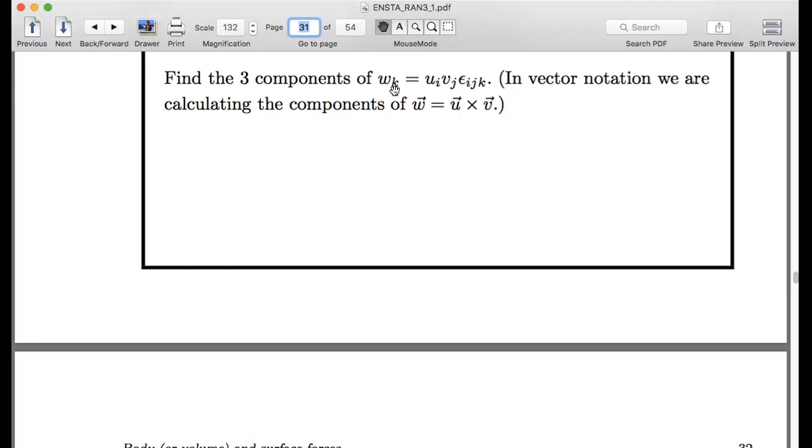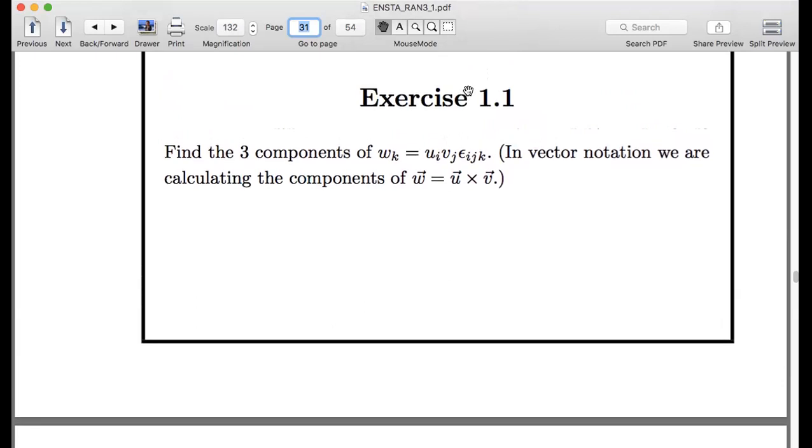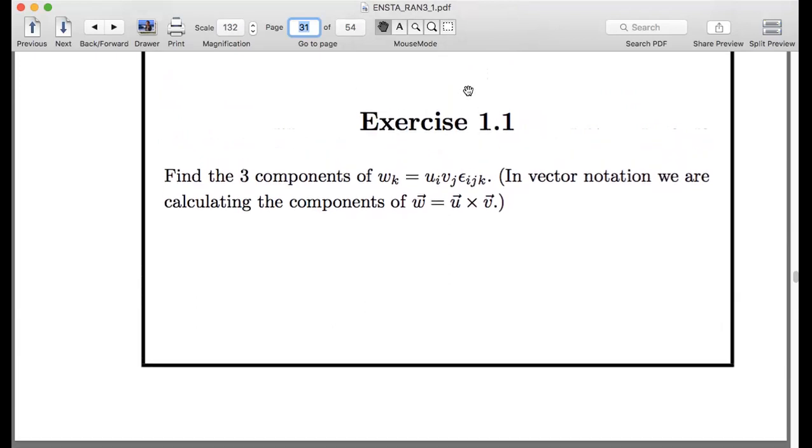So let's start with k equals 1. Then we look on the right-hand side. That means we have to set k equal to 1 wherever it appears. It only appears in this third term, the epsilon_ijk. Epsilon_ijk, I defined earlier as this thing called the alternating tensor, which has the property that whenever any 2 of the indices i, j, and k are the same, then it equals 0.